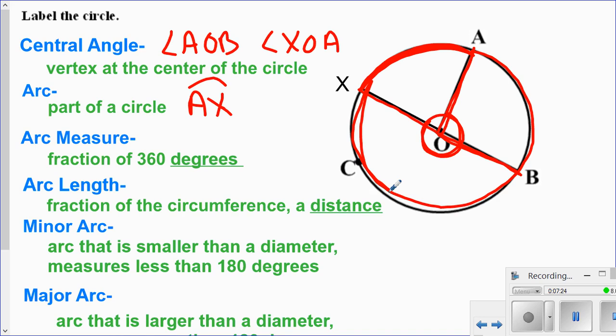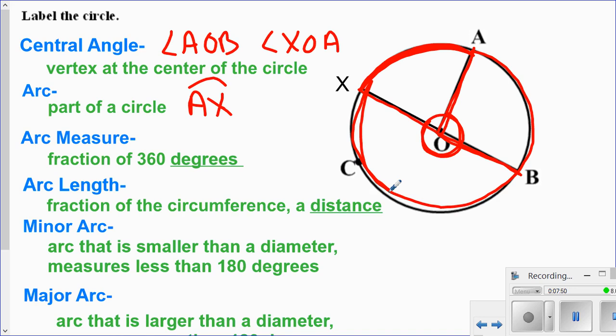That length, how much crust there is, or what piece of the circumference we're looking at, that distance is called the arc length. So arc AB has both a length to it and it also has a measure to it. So we have arc measure and we have arc length. Again, we'll talk about those more later.